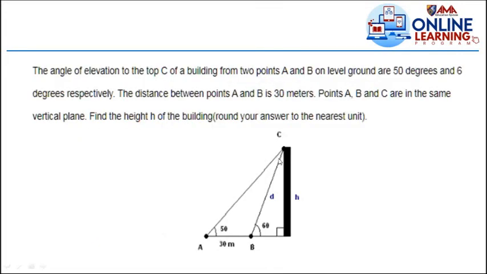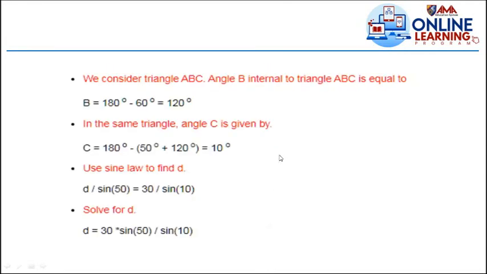Using the sine law to find the distance, d over sine 50 is equal to 30 over sine 10. By cross multiplication, side d is equal to 30 multiplied by sine 50 divided by sine 10.